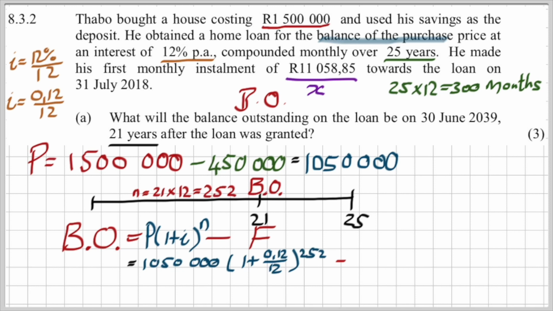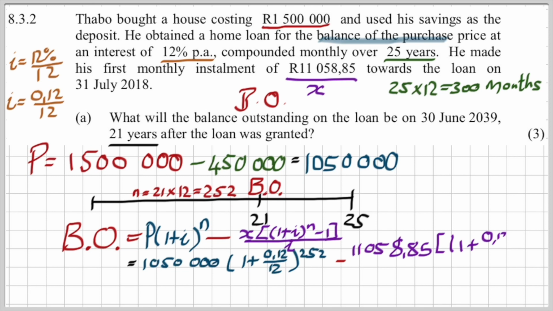Then F is the future value of all the payments. So I'm going to use the future value formula. And I'm going to substitute X with that 11,000 Rand. And I'm going to substitute I with 0.12 over 12. And again, there are going to be 252 payments.